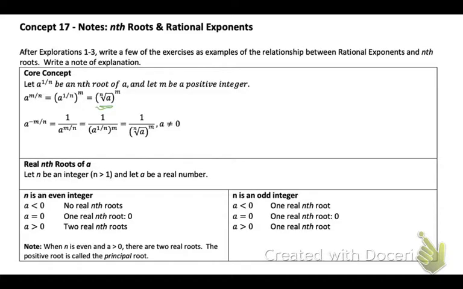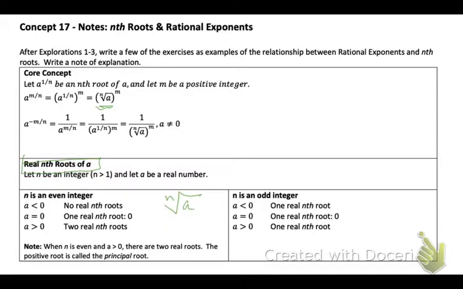Now, here's a little note on the real nth roots of a. Something to commit to memory, you'll probably just learn these. If your root is an even integer, like the square root or the 4th root, and the number underneath is negative, then you will have no real roots. If it's 0, then you'll have 1 real root, which is 0.